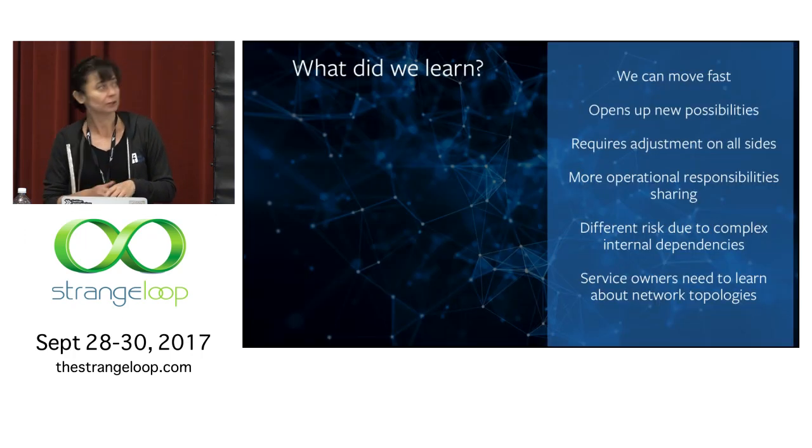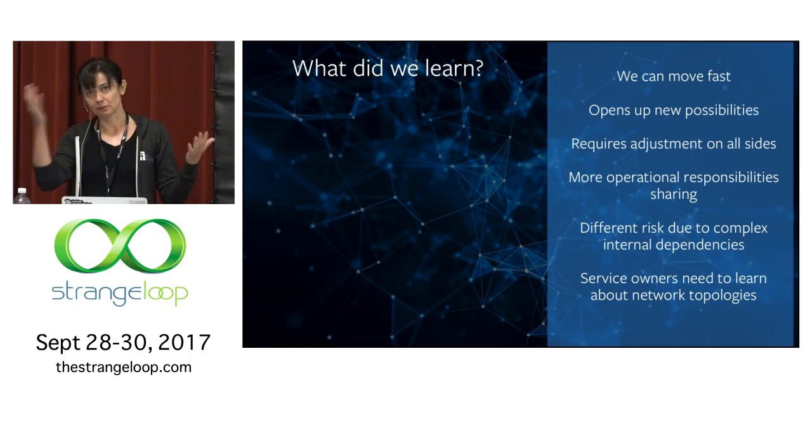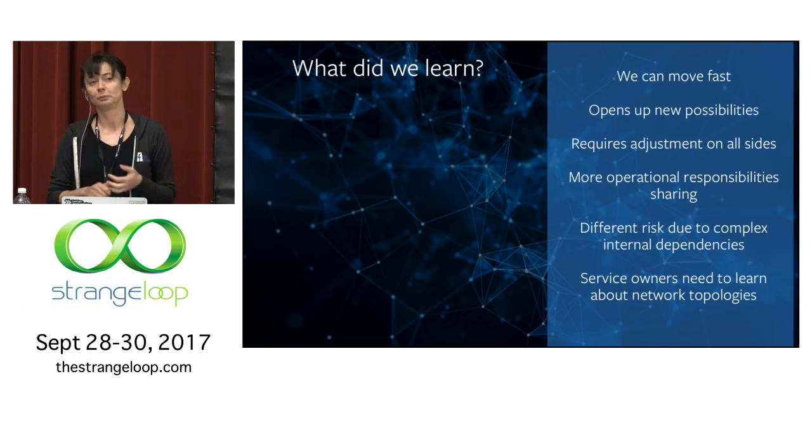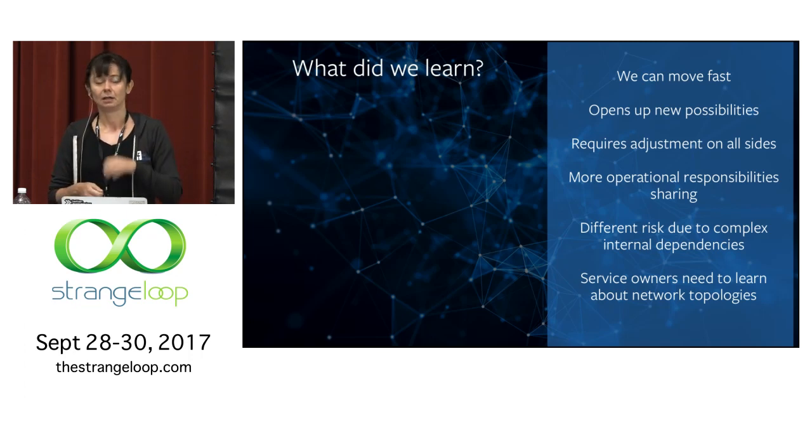So what did we learn from this process? We learned we could move fast. There were several of these hardware iterations and numerous software iterations. It opens up possibilities for us to experiment with new things. Obviously, now we have visibility into everything, both hardware and software states, and we can build good automation based on that.